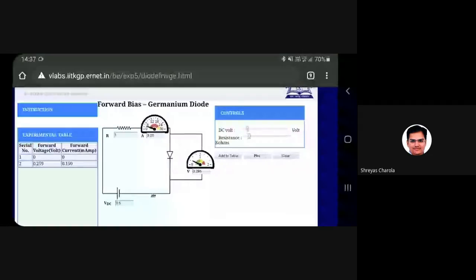See, on that table till point 6 there is no current, but here at exactly the point 3 you are getting the voltage.